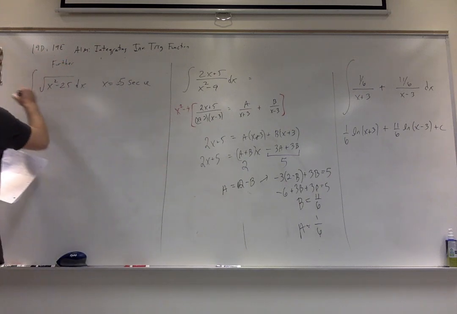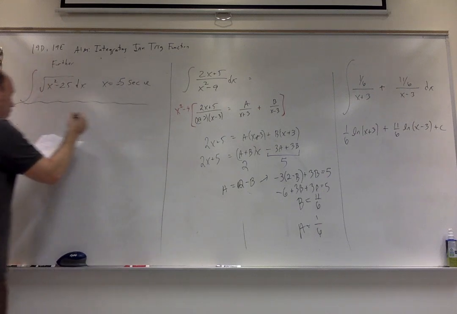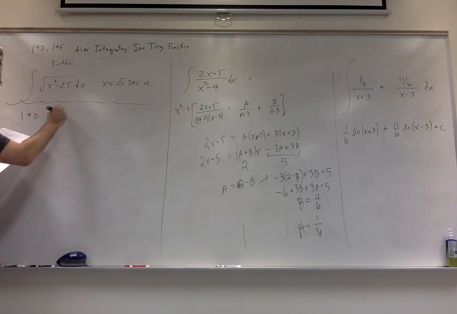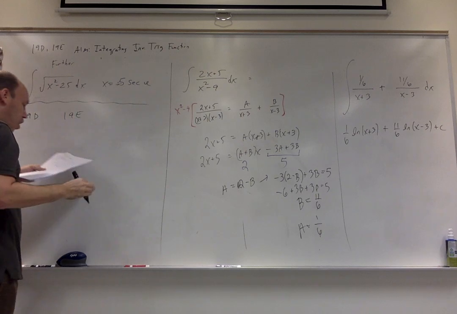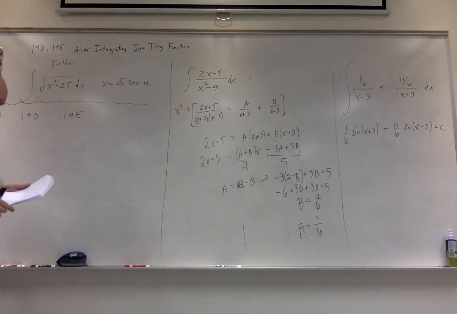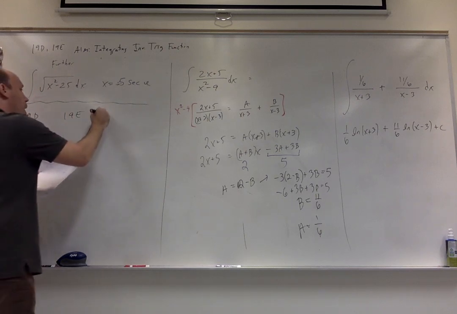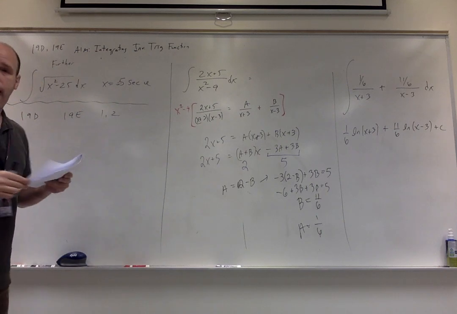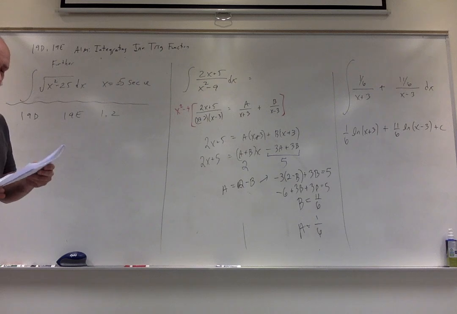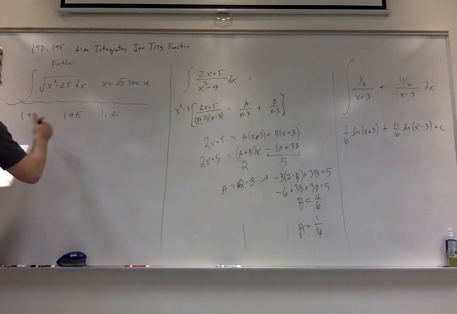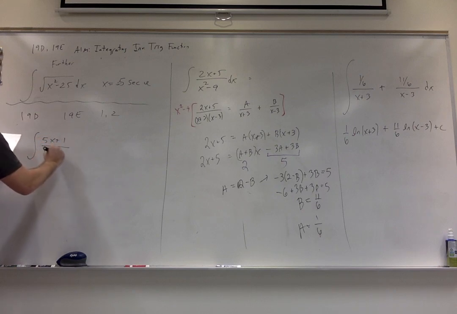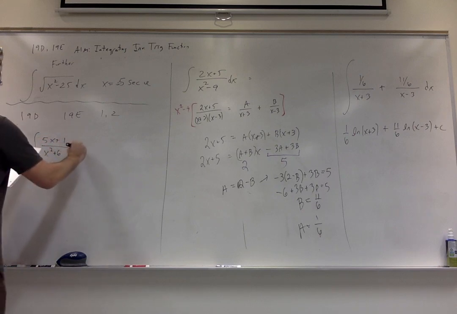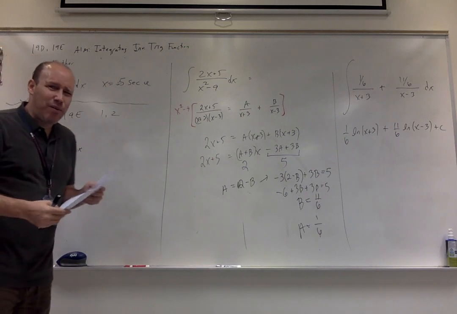Okay, so for homework, you're going to do all of 19D, and you're going to do 19E. I looked at the first problem, so you're going to do 1 and 2. Then this problem came up: the integral of 5x over x squared plus 6. And they're like, yeah, break up the numerator. I'm like, how do we do this?